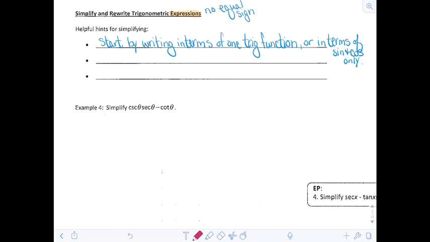All right, another way to simplify would be to try to apply the identities or factor. Yes, you can actually factor trigonometric expressions. So some trig expressions can be simplified by applying identities and factoring.